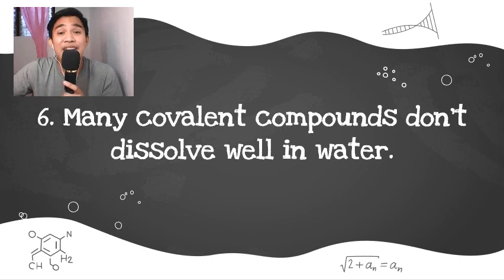However, many covalent compounds are polar molecules that do dissolve well in polar solvents, such as water. Examples of molecular compounds that dissolve well in water are sugar and ethanol. Examples of molecular compounds that don't dissolve well in water are oil and polymerized plastics.